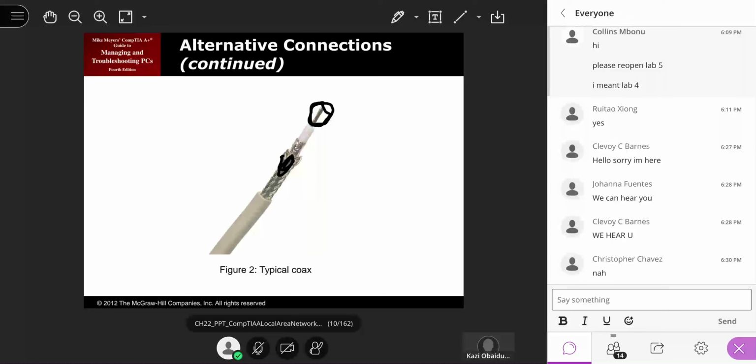This cable is isolated from this cable. If these two cables were together, then danger. These two cables are inside this coat, this jacket, but there is another insulation separating one from the other.